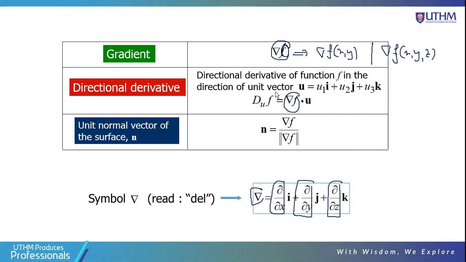The u is the unit vector, which is in the form of i, j, k. How to get the unit vector? Let's say you have the vector u, divided by the magnitude of u. This one we call the unit vector. The last one is the unit normal vector of the surface.